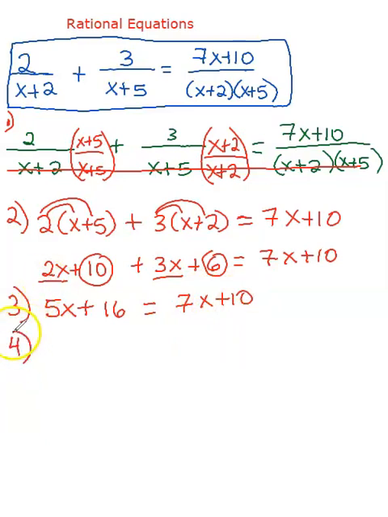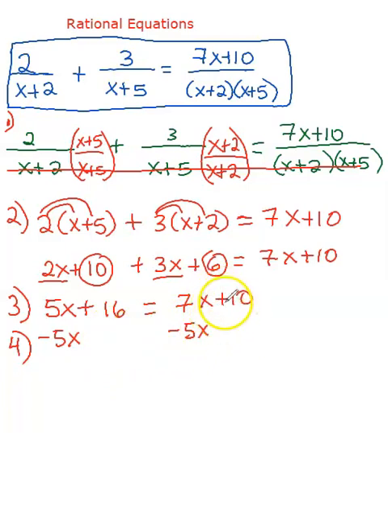Now let's do step number 4. Next, I'm going to subtract 5x from 7x, because I like to subtract a small number from a big number so I can keep a positive number. And then let me do the same for the other side. I like to subtract 10 from 16 because I'm using the opposite operation of what they have.